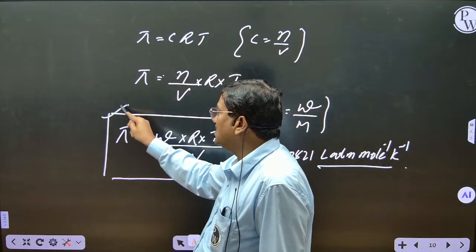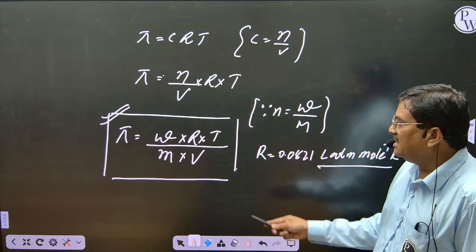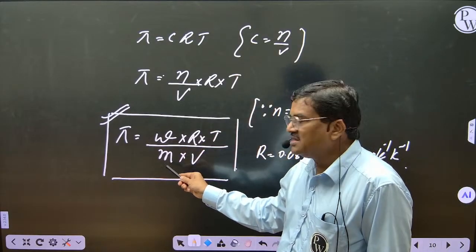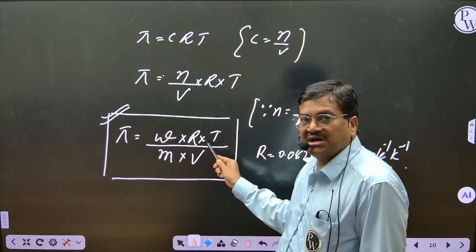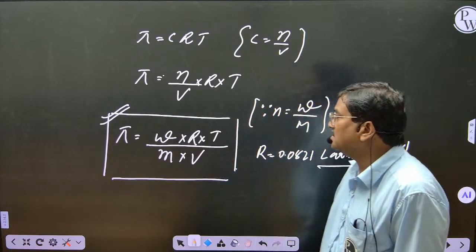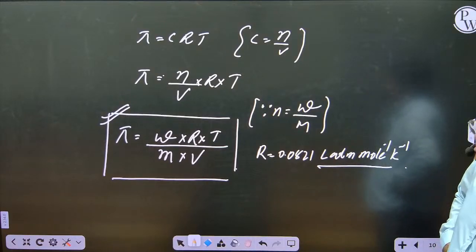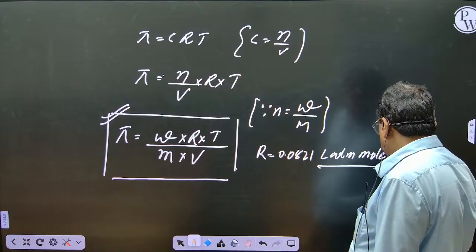This is an important relation. Understood, students? This is osmotic pressure. So make a note where W is mass of solute, M is molar mass, R is solution constant, T is temperature, V is volume of solution in liter. Clear, students?